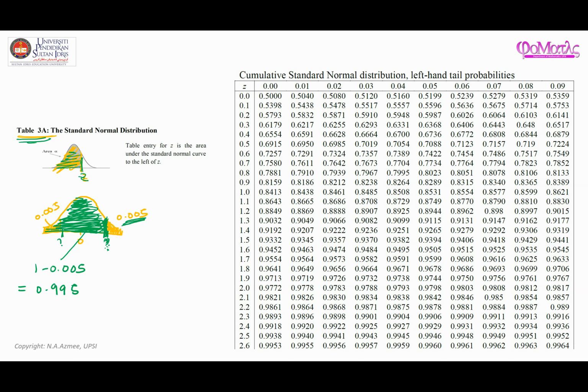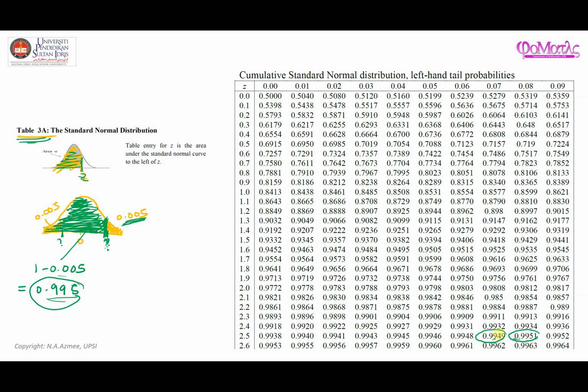Now this is the probability value. Well, you need to find this area inside the table given here. And you can see that for 0.995, either of these two values is equally close. So either of these two values is acceptable.